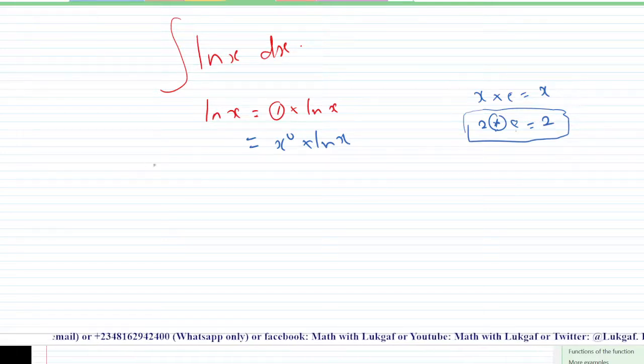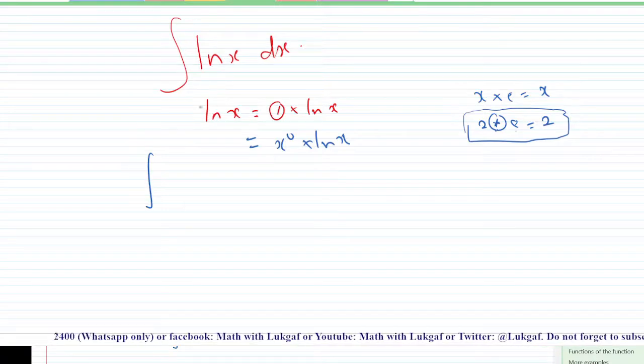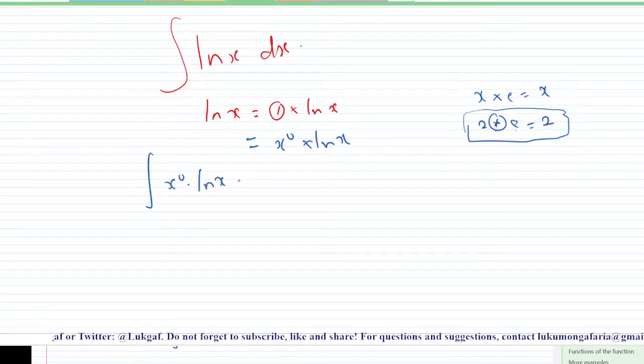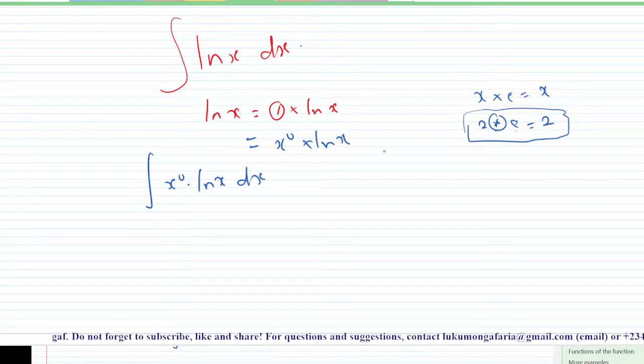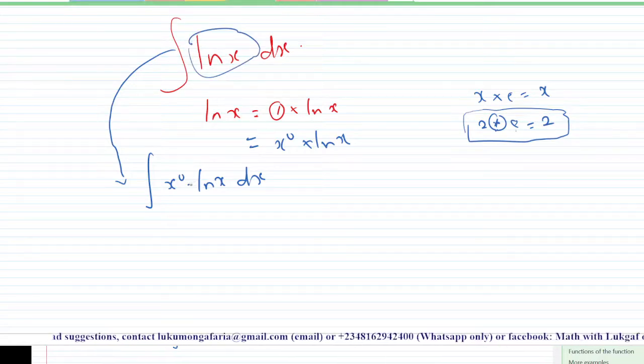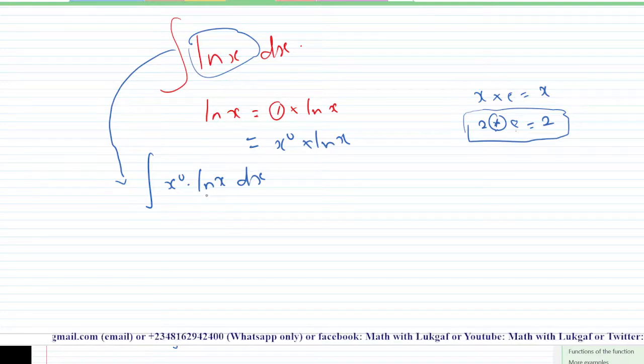Now, if I substitute this back into my integrand, I'm going to have x raised to 0 times ln x. So you will see that we had a single function before, but now we have two functions whose relationship is a product.